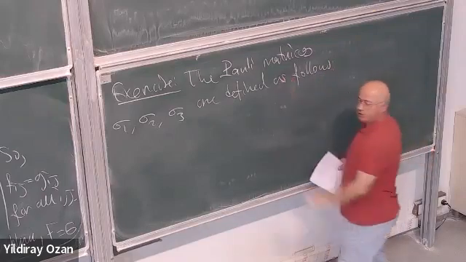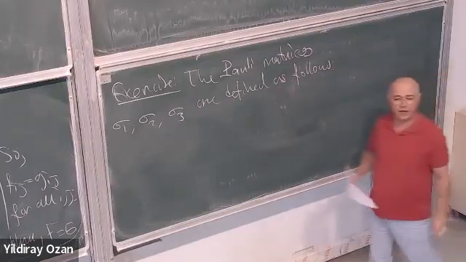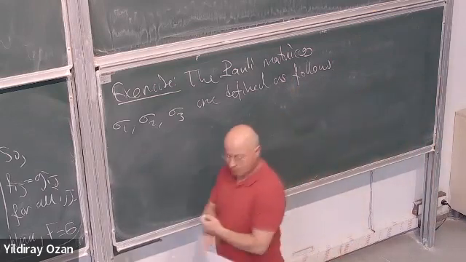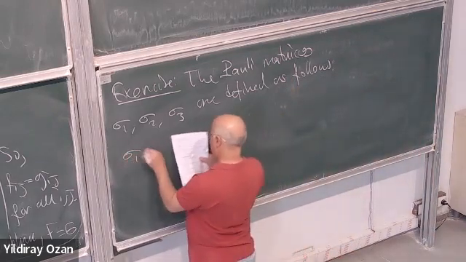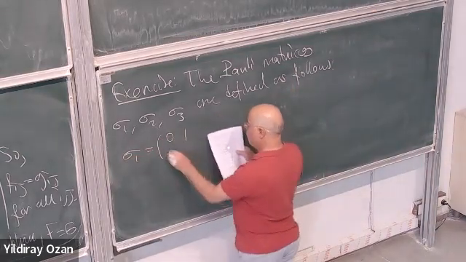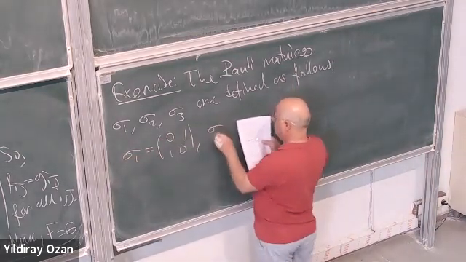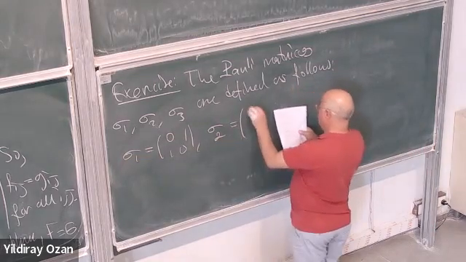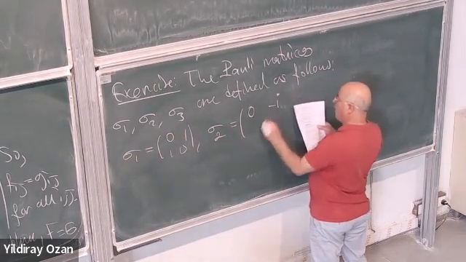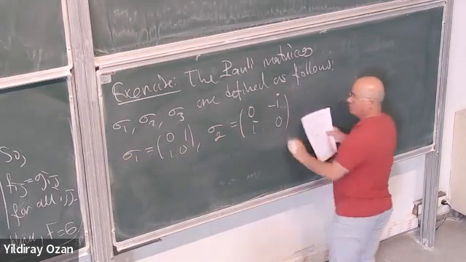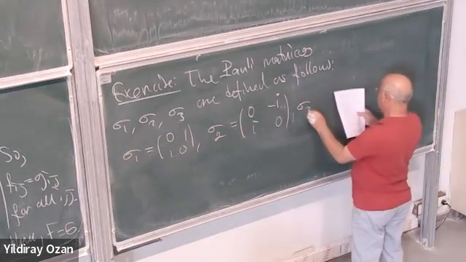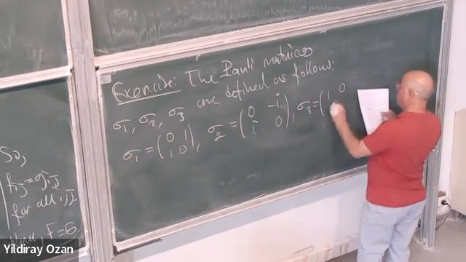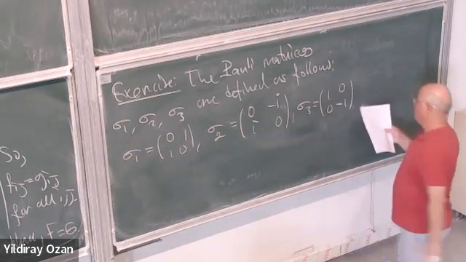These are some matrices used a lot in physics, I guess quantum mechanics. Sigma 1 is 0, 1, 1, 0. Sigma 2 is 0, minus I, I, 0. So they are complex matrices, okay? And sigma 3 is 1, 0, 0, minus 1.